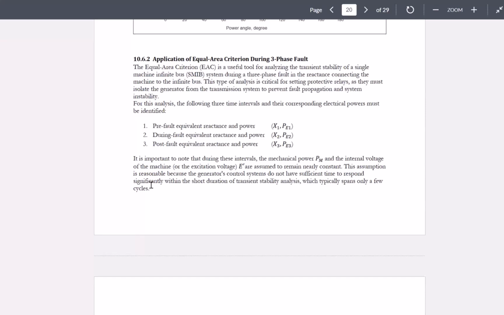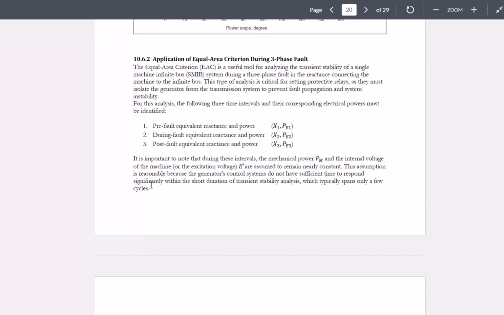Remember, when we were talking about a single machine infinite bus, we were looking at one source associated with the internal excitation voltage. Then we had the infinite bus, and in between there was an equivalent reactance. That equivalent reactance, and the equivalent electric power that could flow from the internal source towards the infinite bus, can be viewed at three different periods of time.